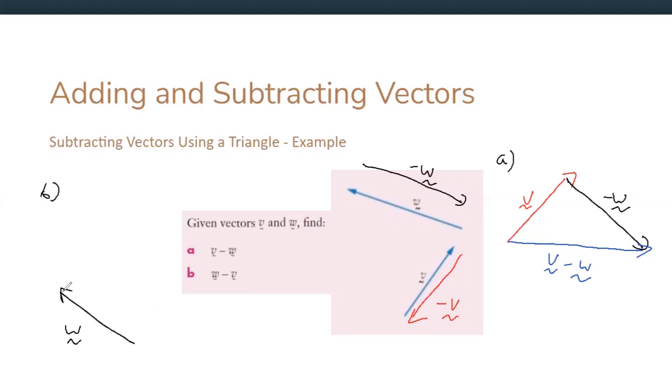So using that, we're going to go down and to the left, negative v. And so the resulting vector, w minus v, that's going to be from this tail to this tip. And so we're going to end up with a vector that looks something like this. I'll just fix that up so it doesn't look like 2 v's. So this is essentially how we subtract vectors using triangles.